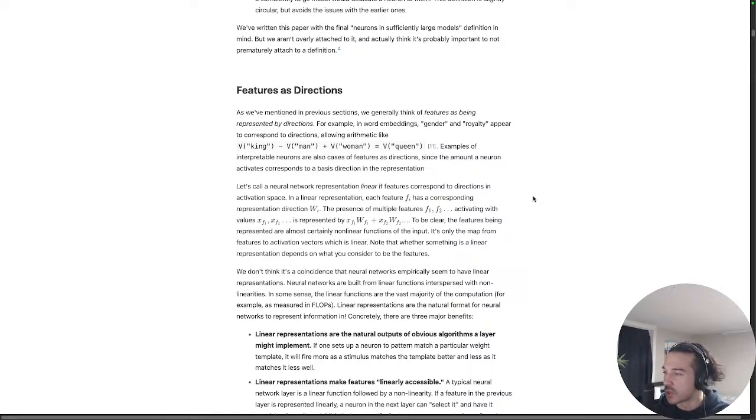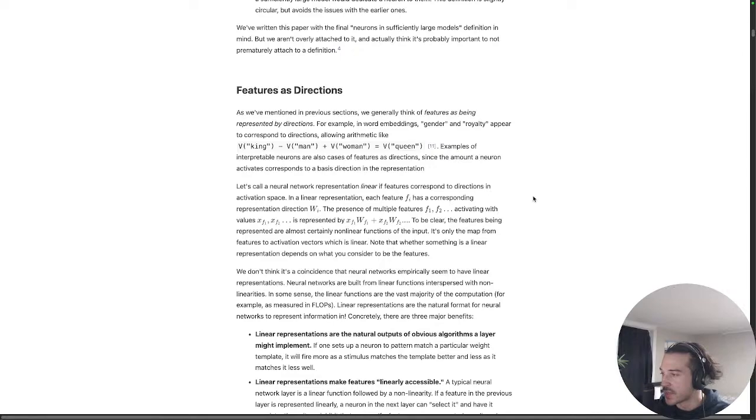The presence of multiple features, f1, f2, and so on, activating with values x_f1, x_f2, and so on, is represented by x_f1 W_f1 plus x_f2 W_f2, and so on.